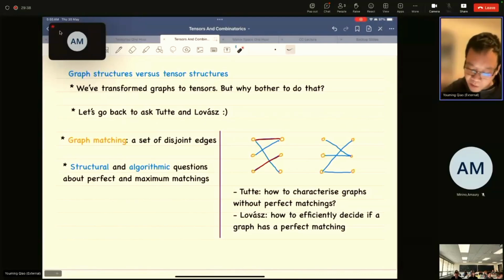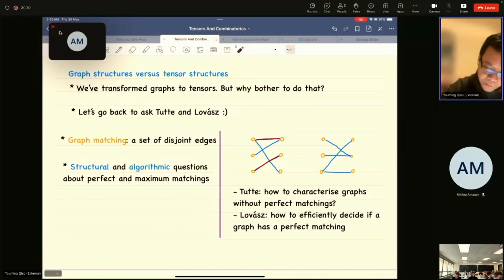For example, if you look at this graph, you see that these red edges give a matching of size 2, but they are not perfect because they didn't touch this vertex and this vertex. On the other hand, because it's a very small graph, you can simply find another matching that touches each vertex.